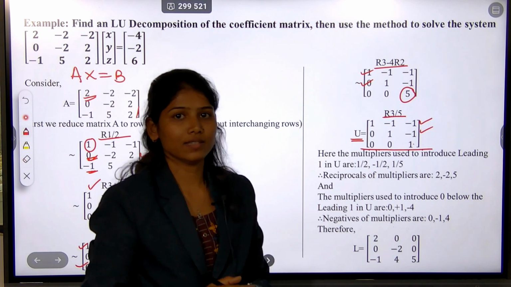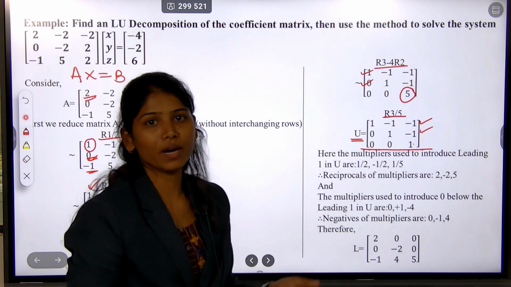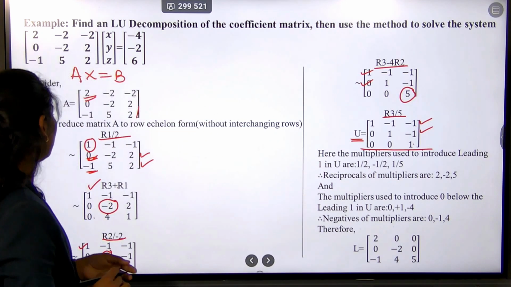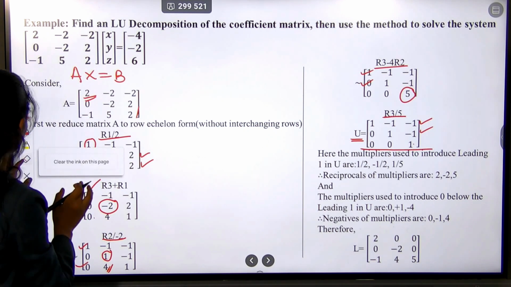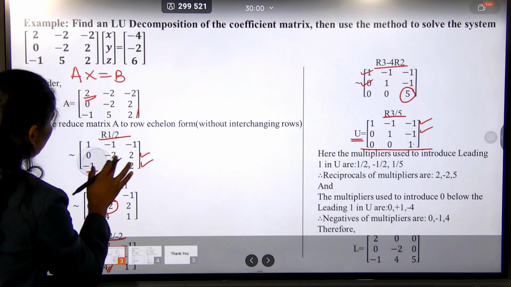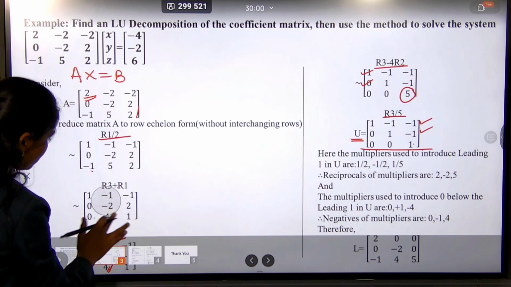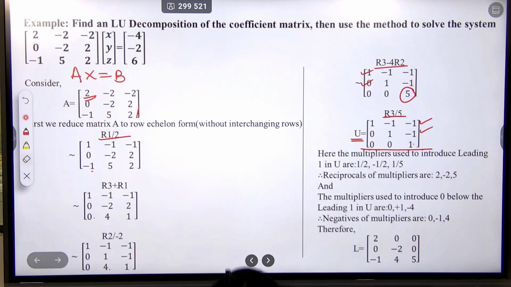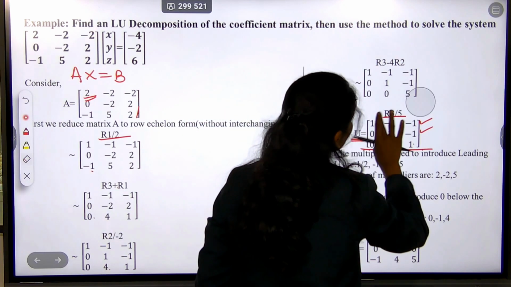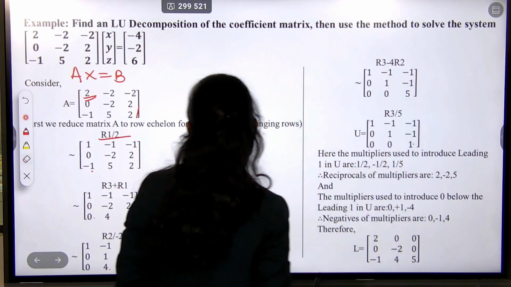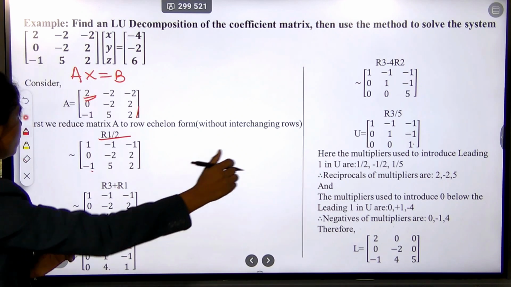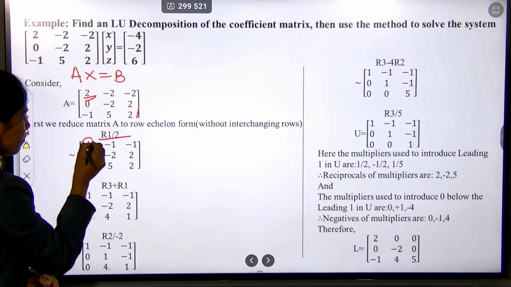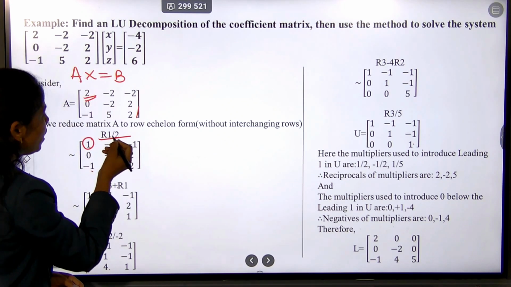For forming matrix L, we focus on the multipliers. Look at here. For making that leading 1, we use the multiplier 1 upon 2.